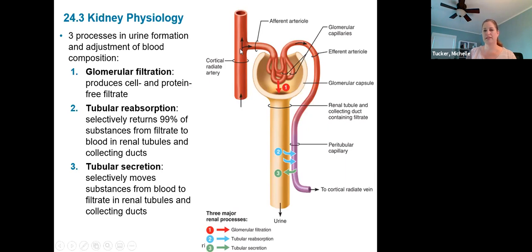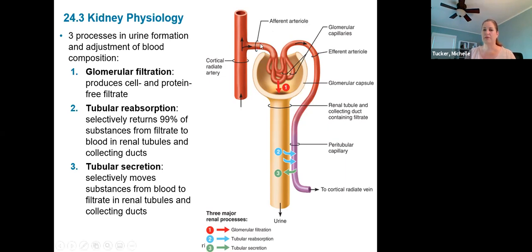Cortical radiate arteries then have branches off of them, which are afferent arterioles. So this is arterial to capillaries to arterial, a type of portal system-ish. But the afferent and efferent are both arterioles, so they are high pressure vessels.